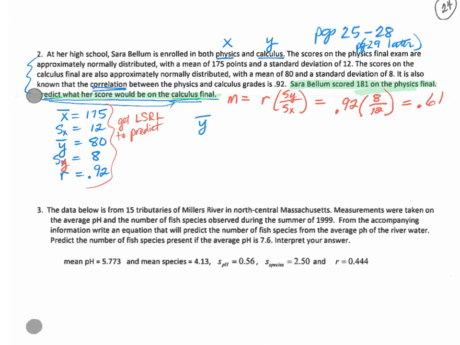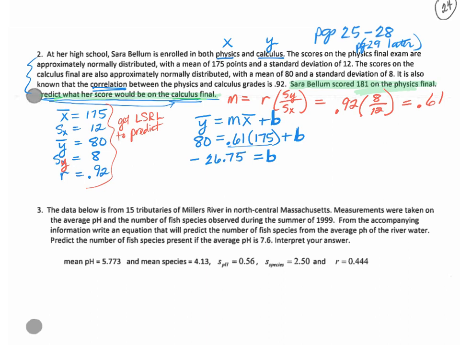The next step, I'm going to plug into mean of y equals m times the mean of x plus y-intercept, and I'm going to solve for that y-intercept. So I'm going to plug in my numbers. Okay, so if I take my 0.61 times 175, subtract it over to the other side, I get negative 26.75.